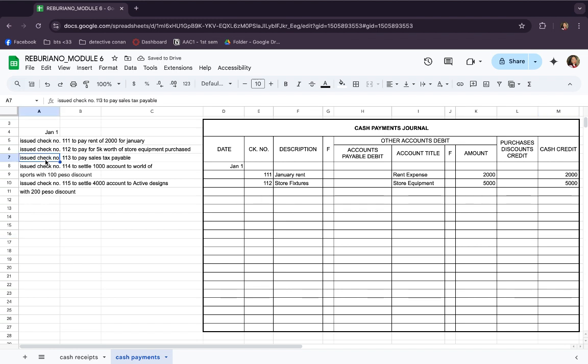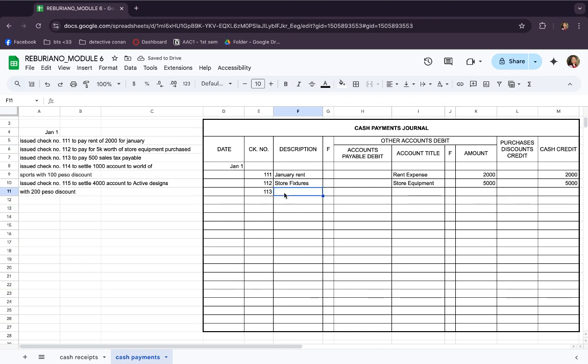Next, issued check number 113 to pay sales tax payable amounting to 500. Wala ulit amount pala. So, we issued check number 113.